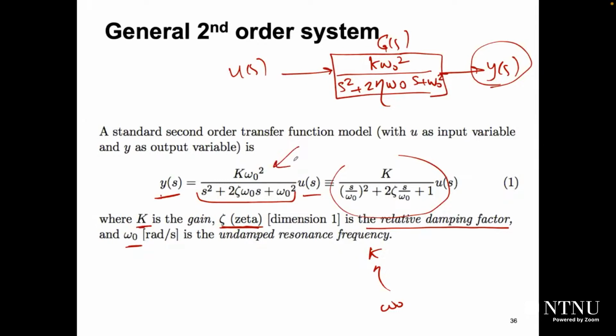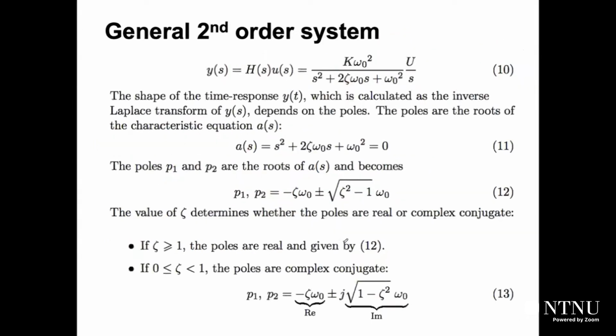So the transfer function will be k omega naught squared divided by s squared plus 2 zeta omega naught s plus omega naught squared. K is the gain, zeta is the relative damping factor, and omega naught is the undamped resonance frequency. So this is the transfer function of the second order system.